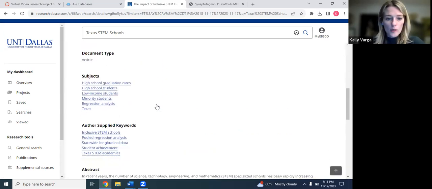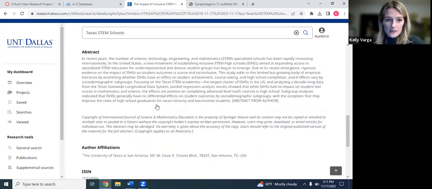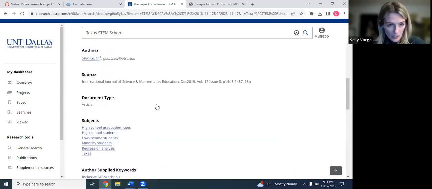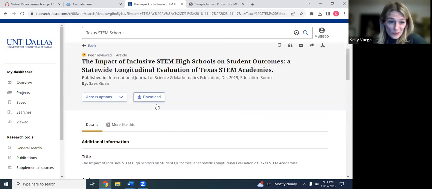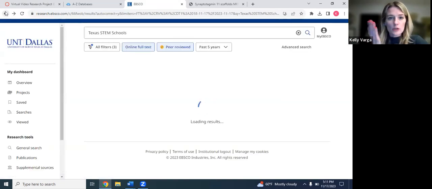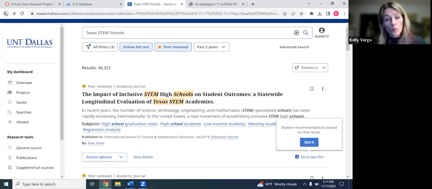And the beautiful part about this, guys, is that if you're not super stoked about this paper, you can go back and keep going down the list. Because again, you've told the library system what you want to look for. Peer review, specifically full text. I think I've beat that horse.